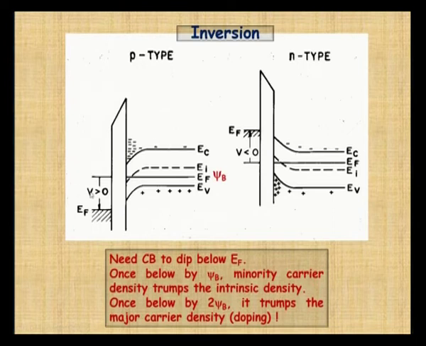As the voltage is increased above 0, or as the voltage is increasing below 0 in n type, the majority carrier electrons in the conduction band will decrease and the minority carriers will increase in the valence band. This is the inverse process of accumulation.